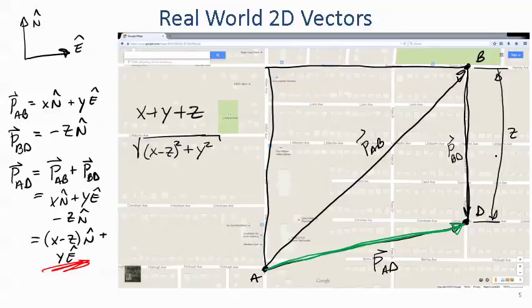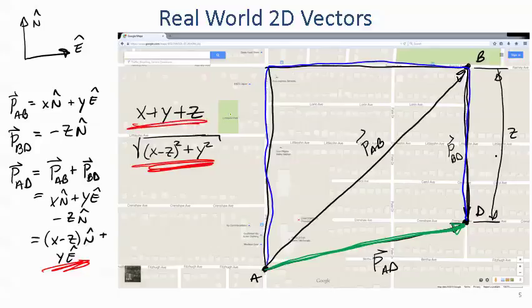Now just looking at this, you can see that this distance here is going to be much less than going all the way up here, all the way over here, and all the way down to there. So we can use our math to calculate this distance, which is hard to find because we have to go through lawns and people's yards and everything, and compare it to this distance, which is going to be much greater.